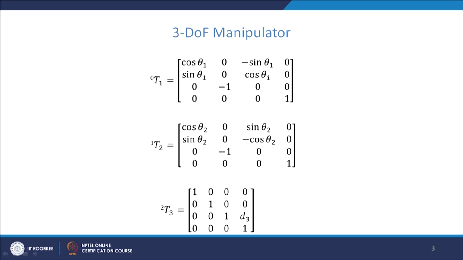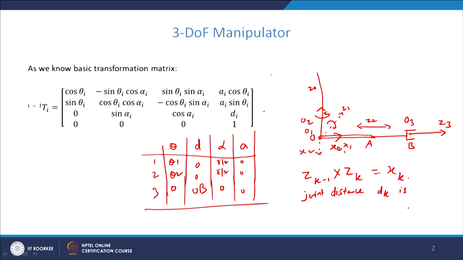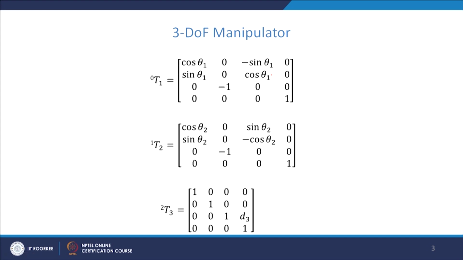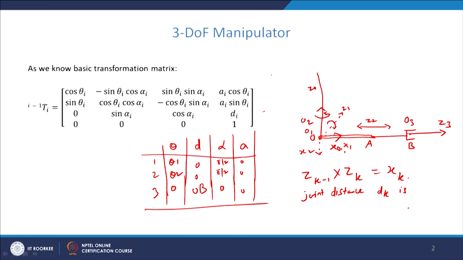0 T1 is given by this expression, and 1 T2. For 1 T2 we should substitute the values of the parameters theta 2 and alpha is pi by 2. If you substitute, we get the 1 T2 matrix, and 2 T3 is given by the third one.